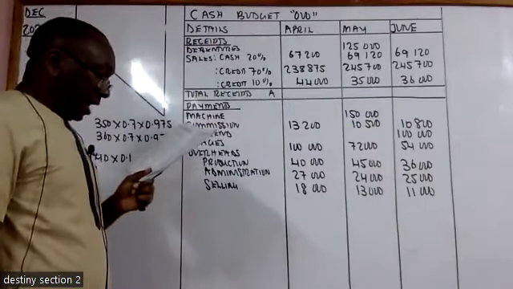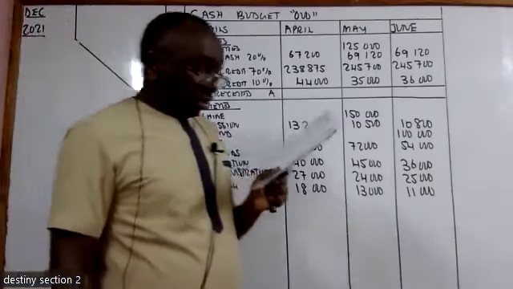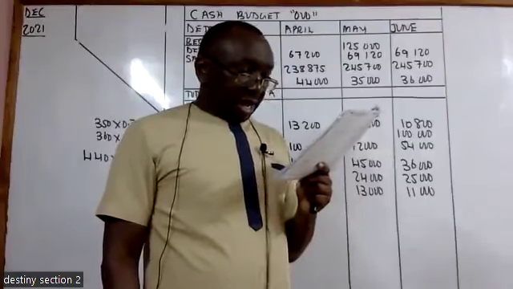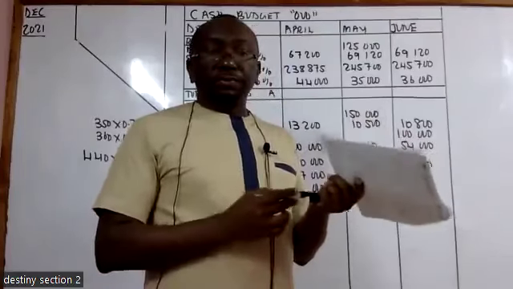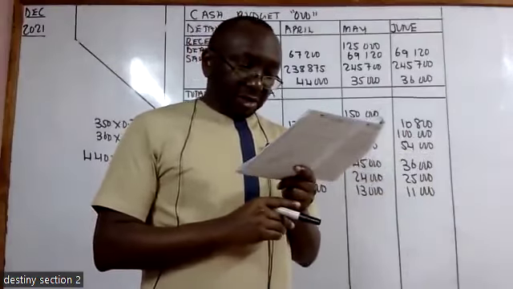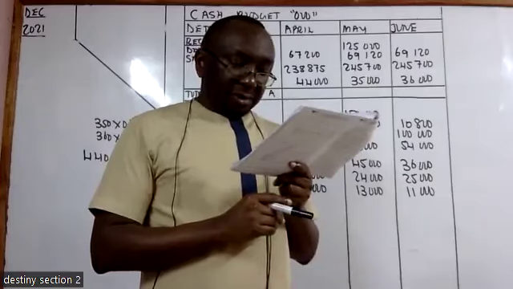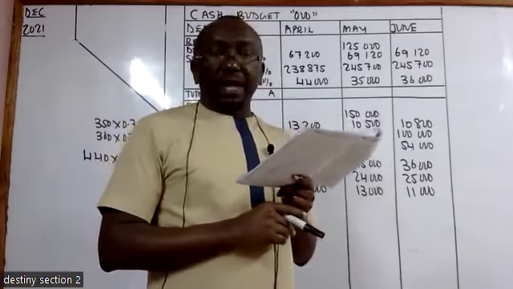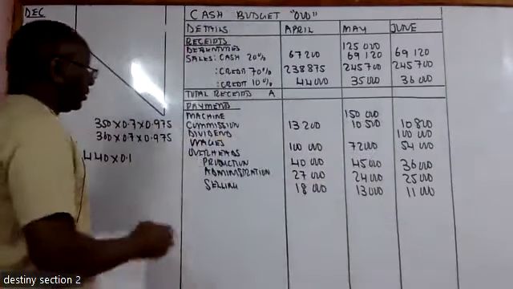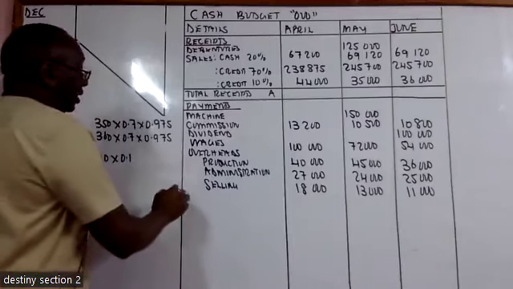So we are done with the additional information. Now going back up to information 2, we are told the period of credit allowed by suppliers averages 2 months. So the suppliers, that is the materials.